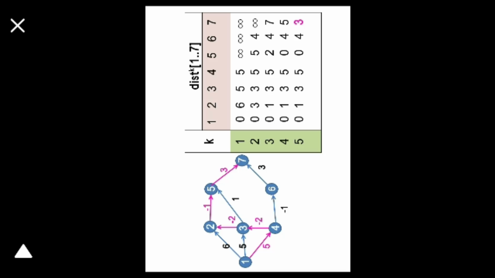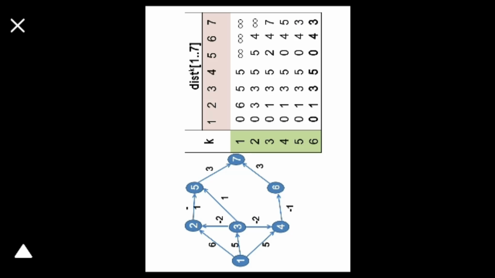So now finally, as we have 7 vertices, we have 6 edges. Now we have to find the shortest distance from source 1 to all other vertices with 6 edges. And here you can see there is no smaller value compared to the previous row.